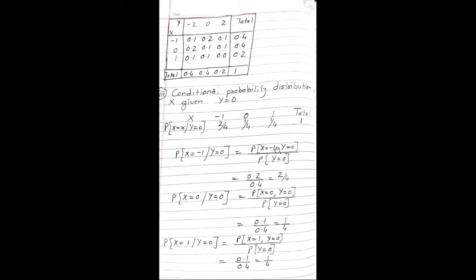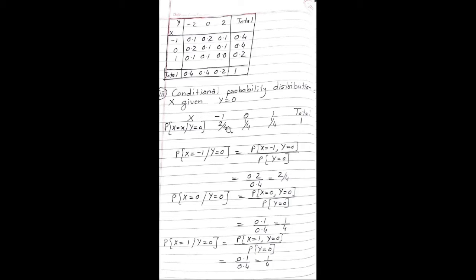For X is equal to -1, Y is equal to 0, the probability is 0.2. So 0.2 divided by marginal Y is equal to 0, which is 0.4. So 0.2 upon 0.4. The answer is 2 upon 4.